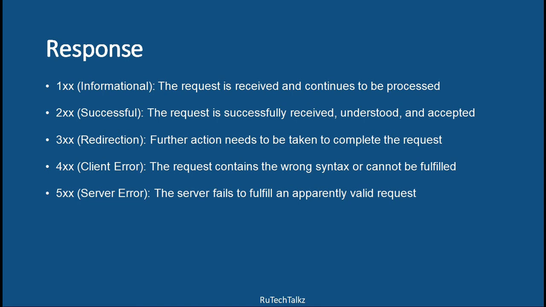These responses help us to understand the exact reason for failure or for the success of the request, whether the request is successful or not successful. If it is not successful, what may be the reason for the unsuccessful response.